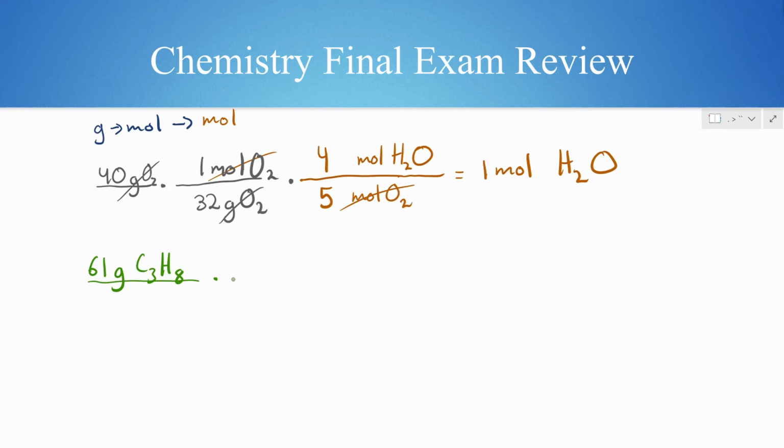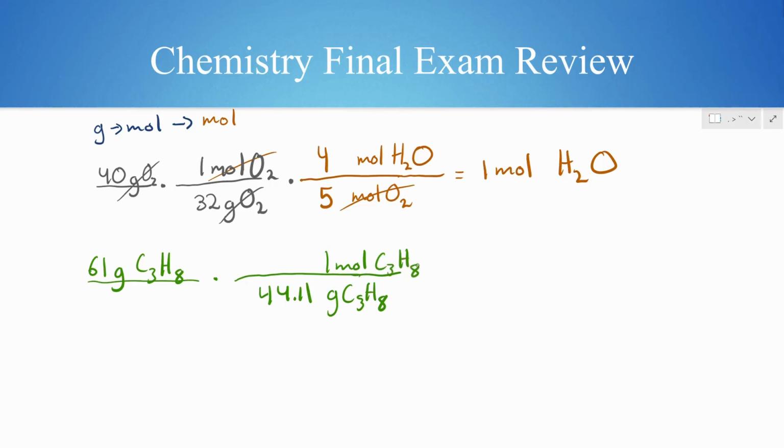From grams to moles, we're going to use the molar mass. So the number of grams in 1 mole. And that's going to be the weight of 3 carbons plus the weight of 8 hydrogens. That's going to be 44.11 grams of propane for 1 mole of propane.